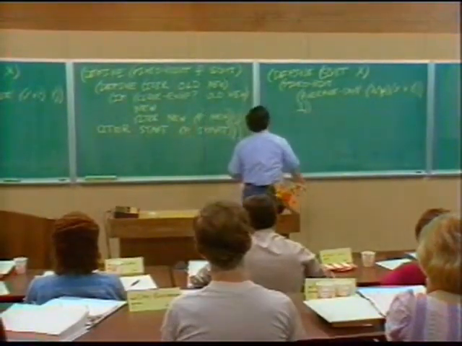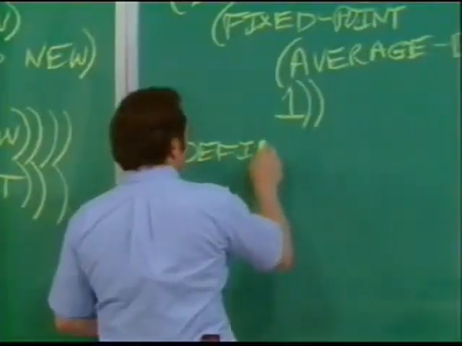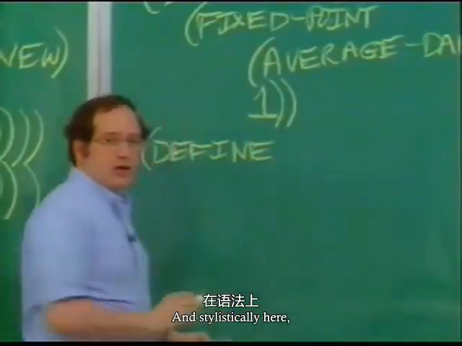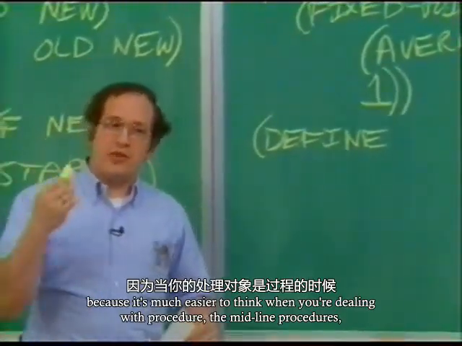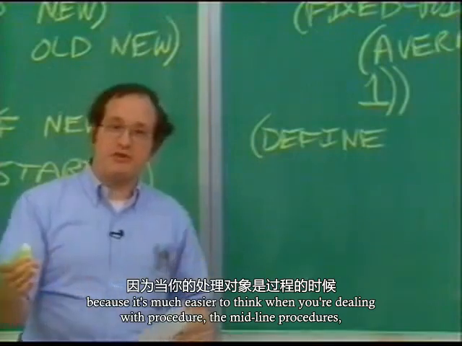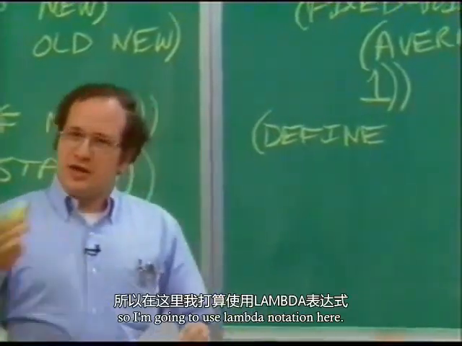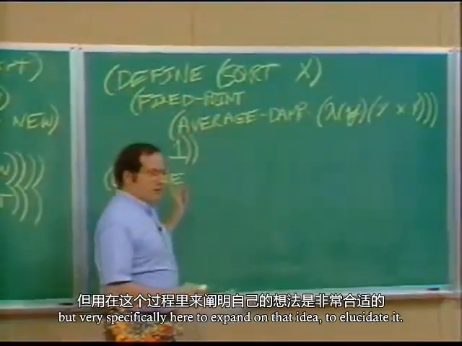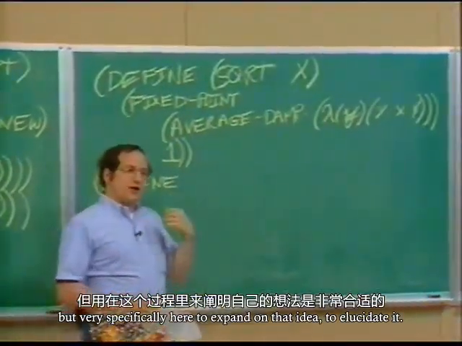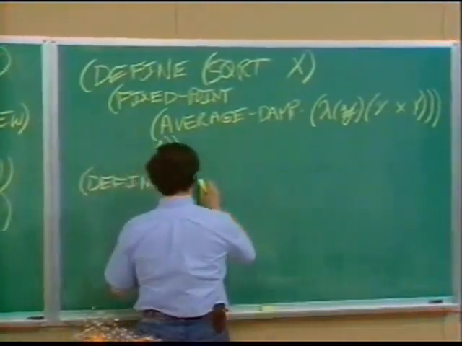So let's write that down. It's very easy. And stylistically here, I'm going to use lambda notation, because it's much easier to think when you're dealing with procedures that manipulate procedures, to understand that the procedures are the objects I'm dealing with. Not always, I don't always use it, but very specifically here to expand on that idea, to elucidate it.